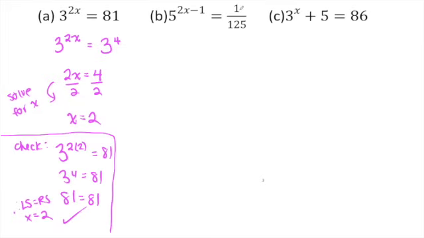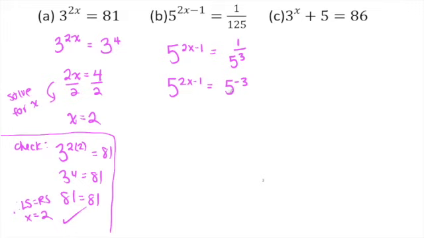So again, take the thing that's by itself and doesn't have the exponent, so 1 over 25, and change it to a base of 5. So what is 125 as a base of 5? It would be 3, but your easier way to do this is to write this as a negative exponent. So 1 over 5 to the 3 is the same thing as 5 to the negative 3.